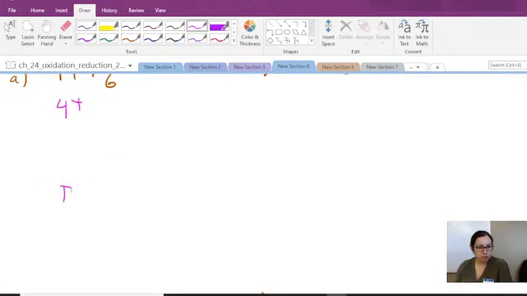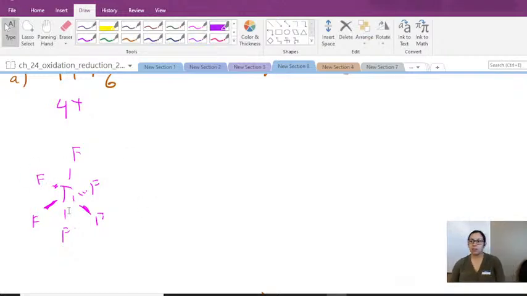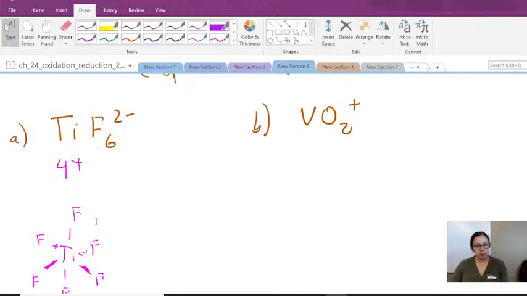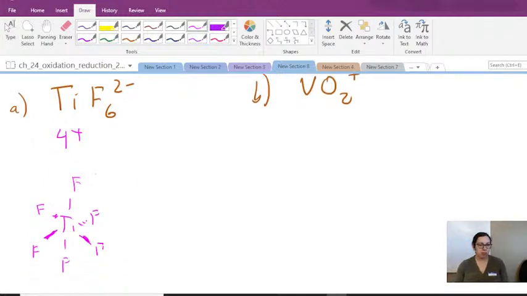Just a refresher, I'm going to sketch out our VSEPR structure. We remember, oh yeah, these types of compounds, 6 things attached to it, going to be octahedral. I'll put our overall -2 charge on there, and if we're being proper, we'll fill in all those electrons.